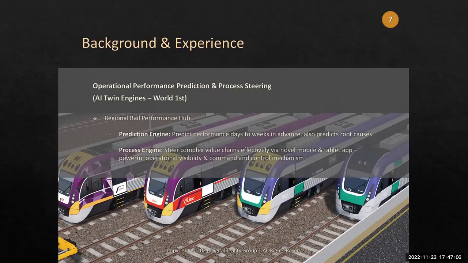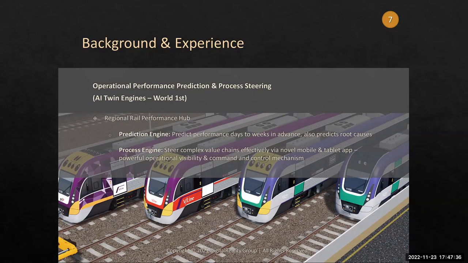The most exciting experience that I've had in terms of delivery of AI systems has to be the performance hub in V-Line. What we did was a proof of concept where we have a twin engine system. The first engine is the prediction engine. We can predict the performance of the trains, for example, punctuality and availability, and it will give you the confidence level of the prediction.